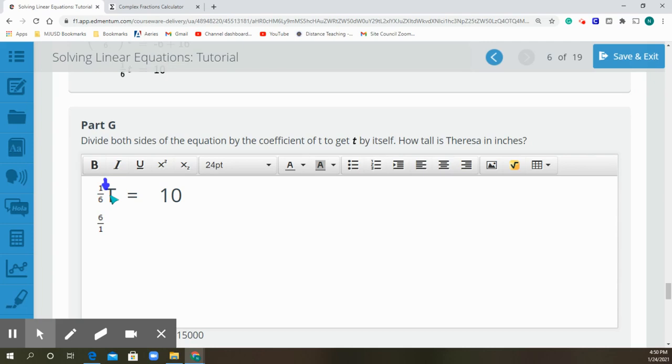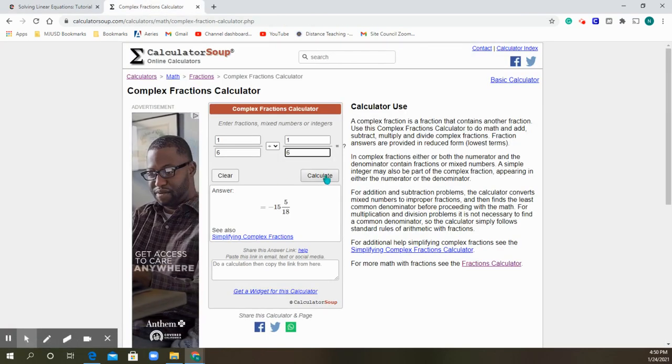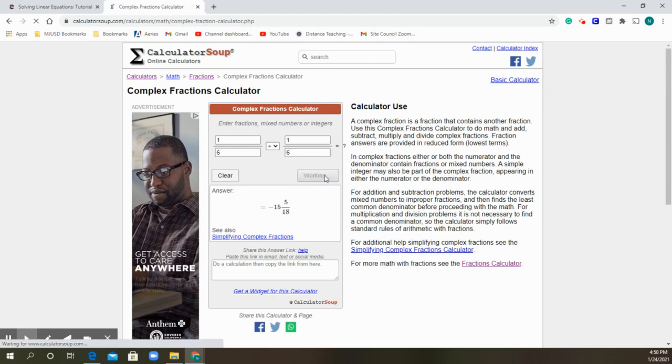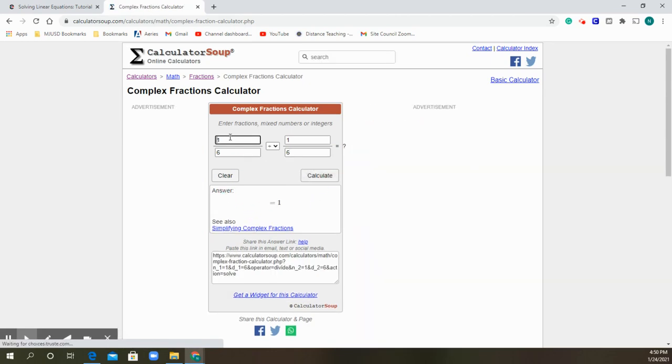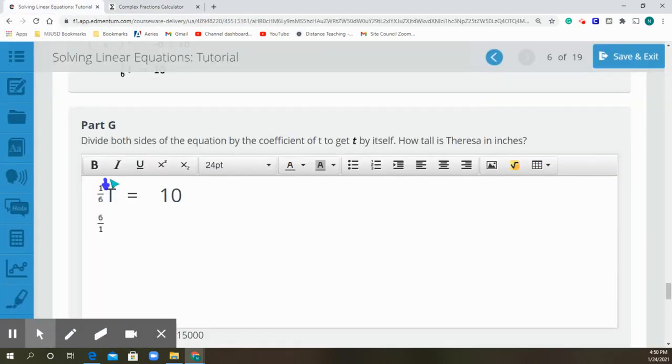So we got to divide by 1/6. All right, so 1/6 divided by 1/6 equals 1. Okay, so if we divide it by 1/6, then we have to divide by 1/6 over here.